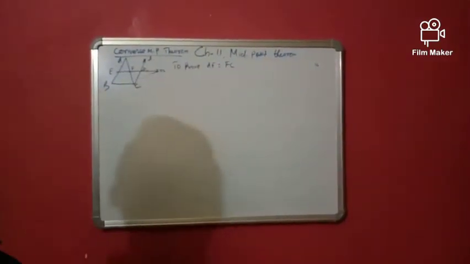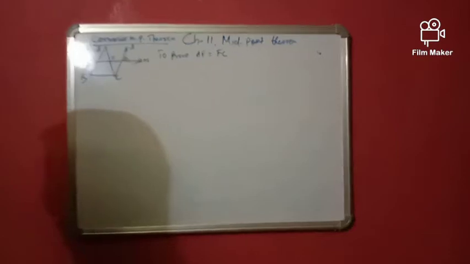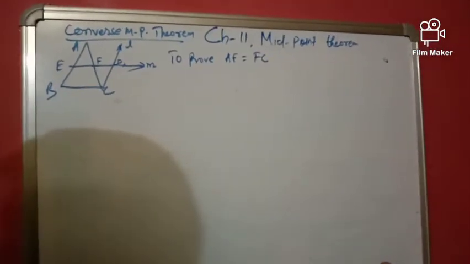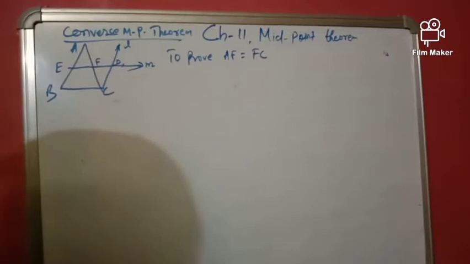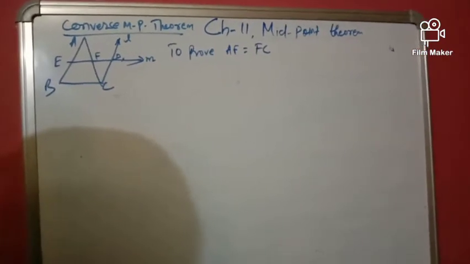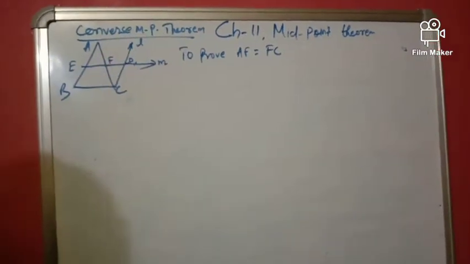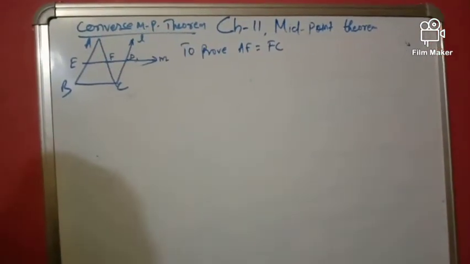Converse midpoint theorem means the line drawn through the midpoint of one side of a triangle parallel to another side bisects the third side. Means we have to prove AF equal to FC. So how can we prove it?